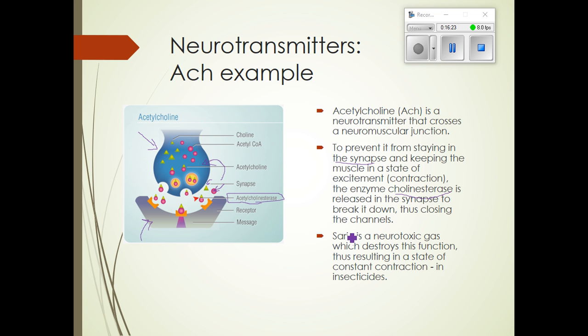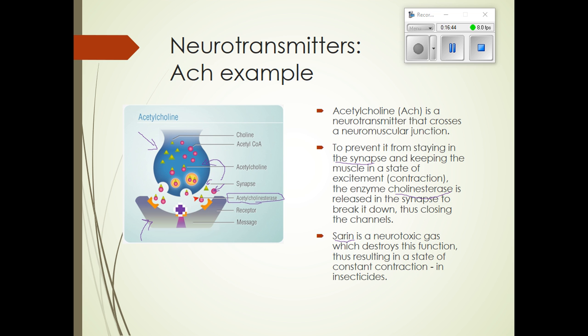Now, a lot of drugs, and that's what your assignment will be about, will affect the way a neurotransmitter communicates between one neuron and the next. For example, there's a neurotoxic gas called sarin. It destroys this function, so it doesn't allow cholinesterase to do its job.